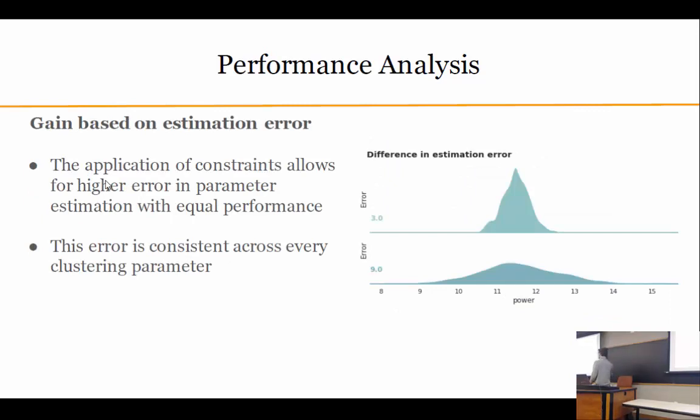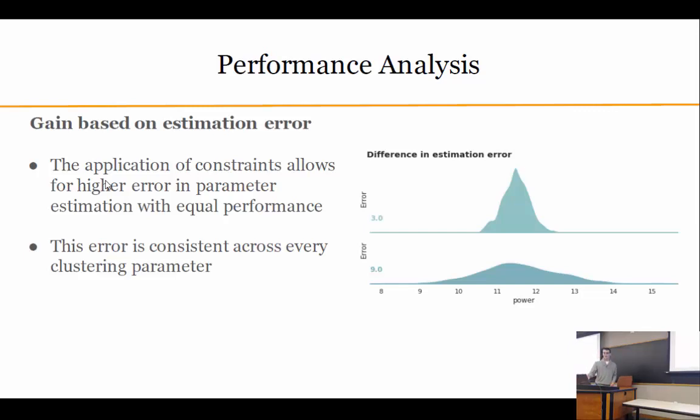So what does that performance actually mean? This is my attempt at showing you what exactly the difference is in the parameter estimation error based on the difference in that normalized mutual information. With the k-means algorithm, for the same performance, I need a distribution on my parameter set that is this, versus for the constrained k-means, I can have a distribution that's more similar to this. And this is for all parameters.